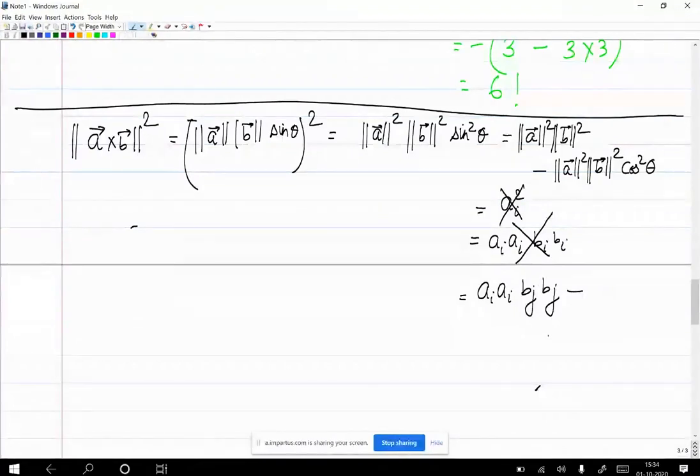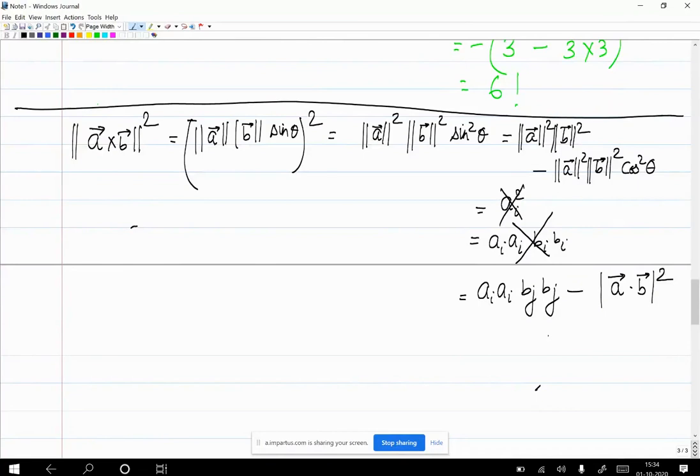Now, what is this thing? Magnitude of A square, magnitude of B square into cos square theta. Do you see that it is also equal to A dot B magnitude square? What is A dot B?